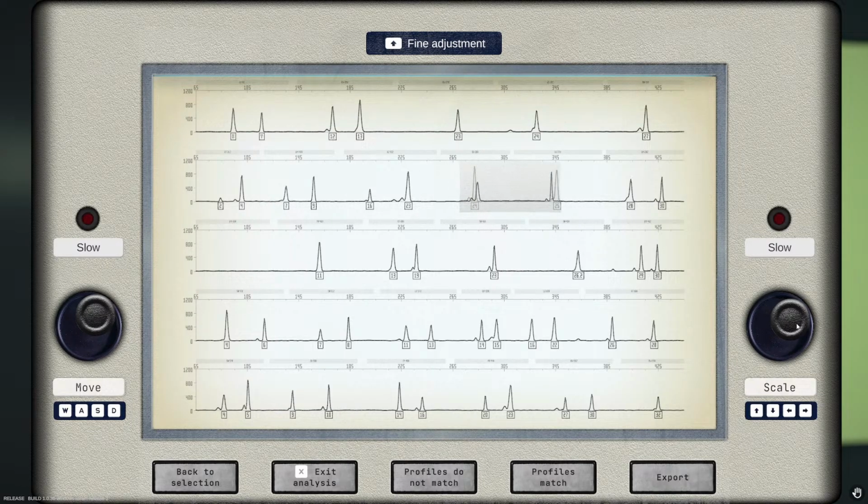Could it be these? No, can't be those. We're looking for two spikes. The first is... Let's see.